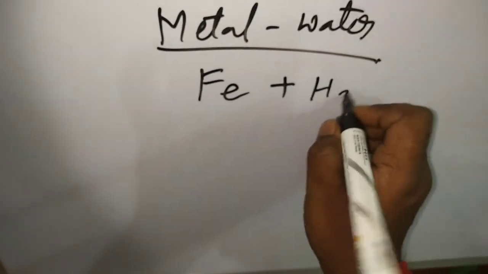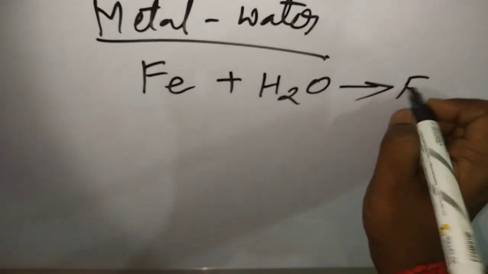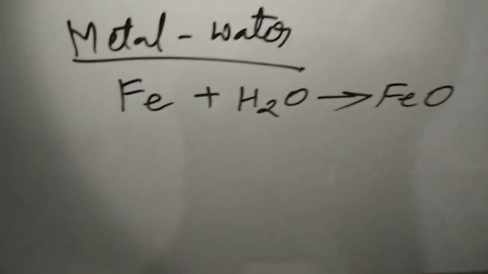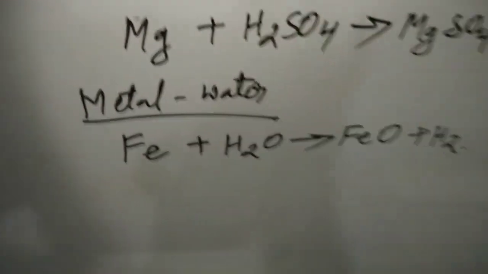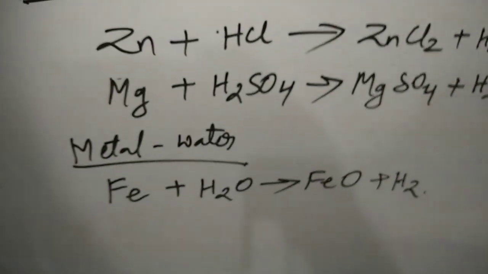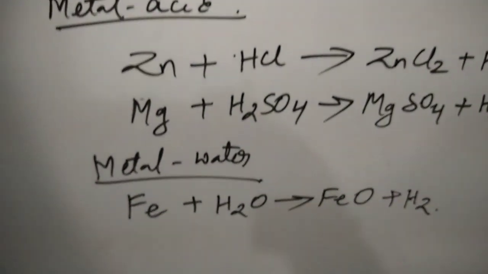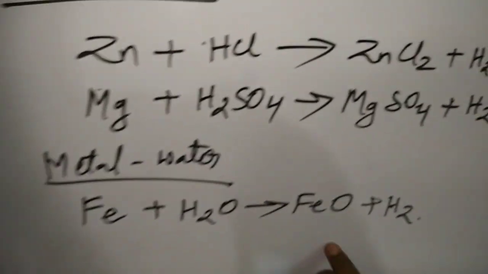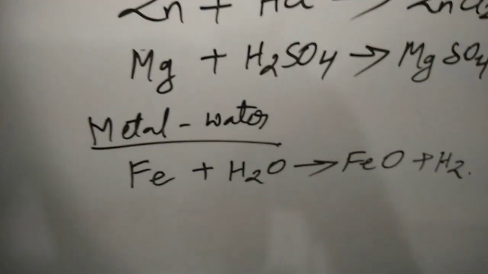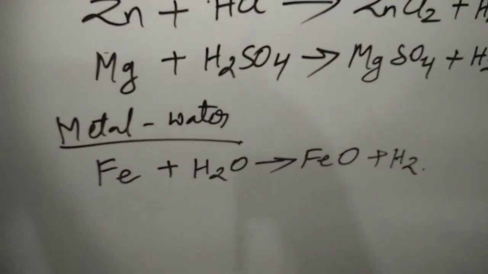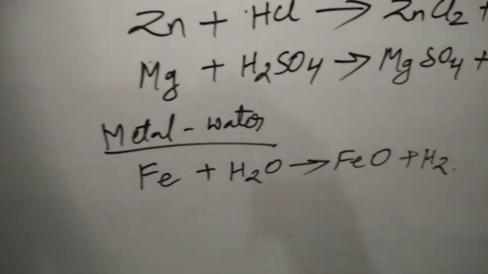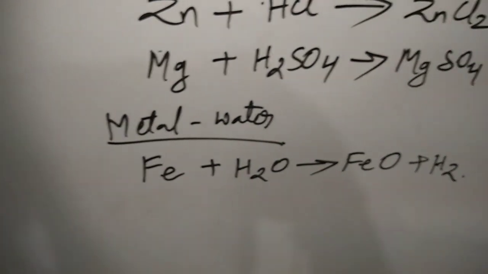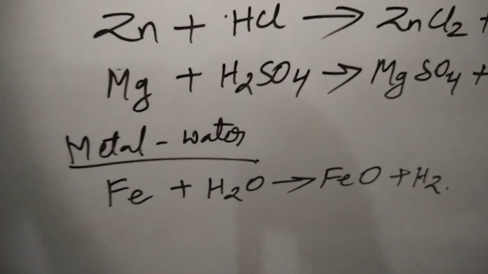When iron reacts with water, it forms FeO and hydrogen gas. See, a common example means daily application. This reaction is our daily basis application. How? In our house, most of the applications we have are made up of iron, such as doors and windows.